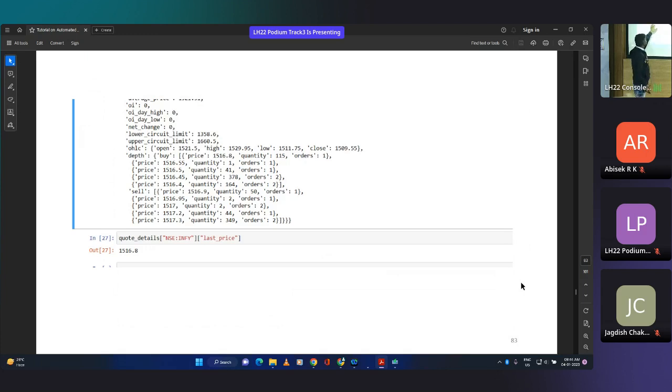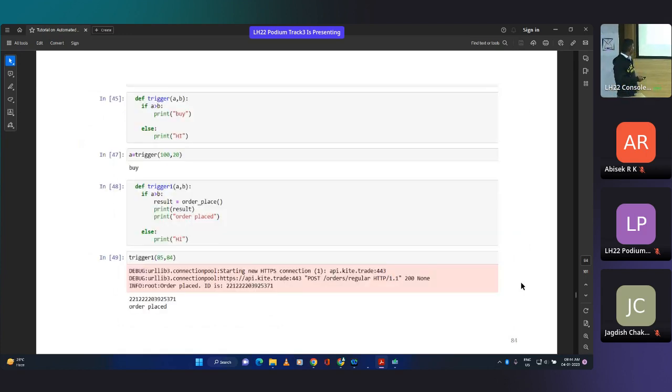From that I can extract any information. So this is the last traded price of the Infosys stock, not from today, but a week before. My point is, based on your logic, or machine learning, reinforcement learning, or any technique that you know, you can do data analysis on the live data or historical data, and you can fetch that data using these APIs.